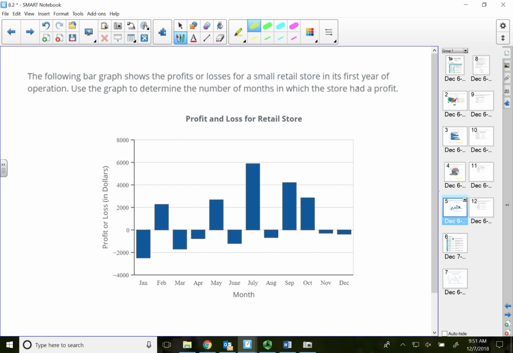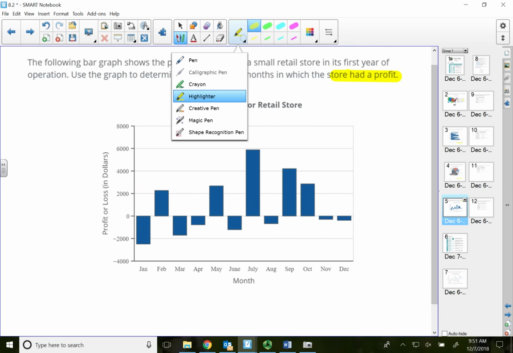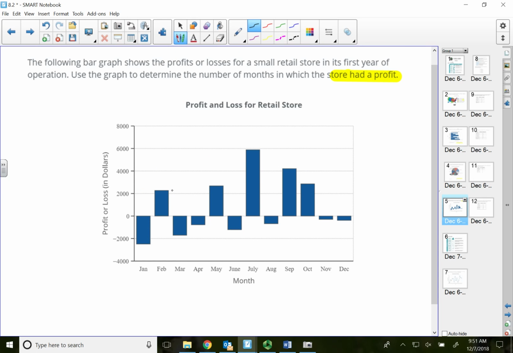We need to find the months that have a profit. One, this month, this month, this month, four. So we have five different months showing profits for the small retail store.